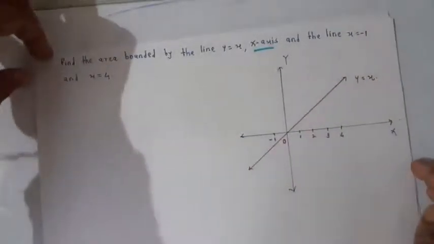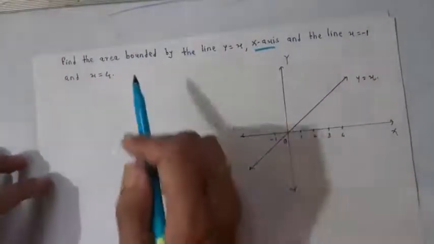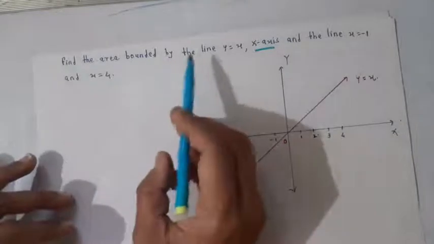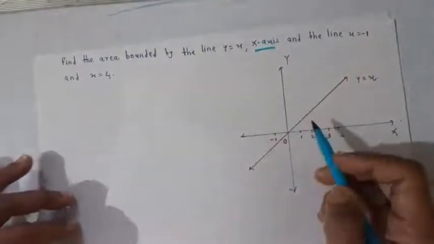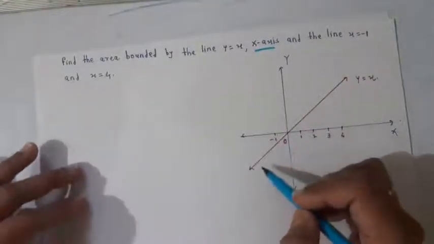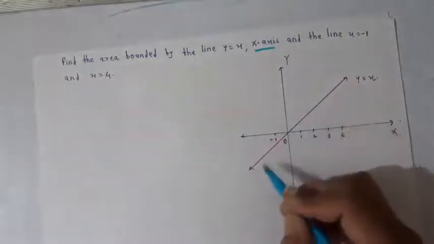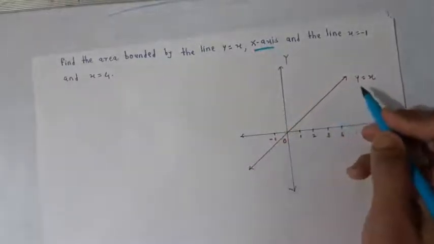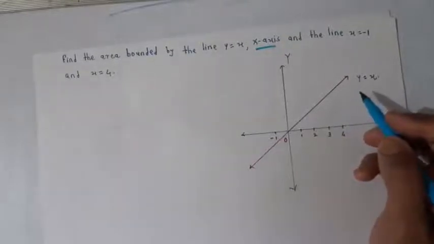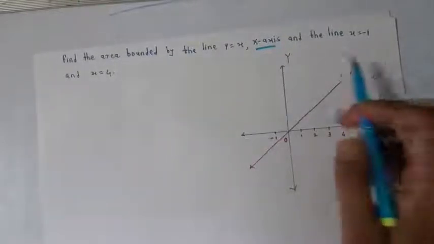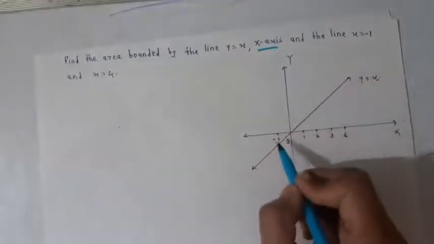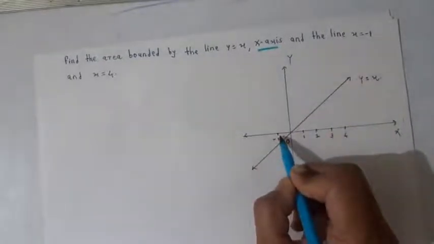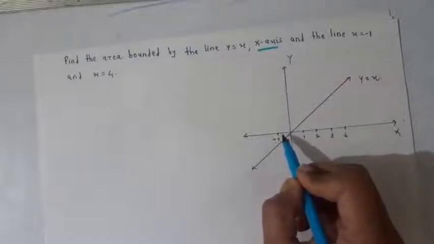So students, first draw the graph of the area bounded by the line y equal to x. This is the x-axis, y-axis, and y equal to x means the line is passing through the origin. The bounding lines are x equal to minus 1 and x equal to 4.